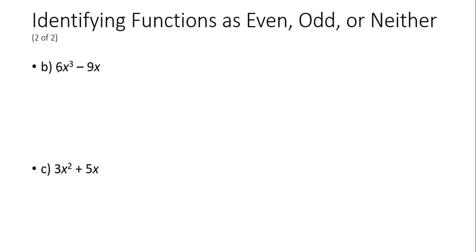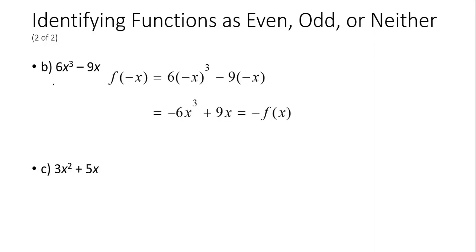Next example, we have f of x is equal to 6x to the power of 3 minus 9x. We need to evaluate f of minus x. So f of x here is given to me as 6x to the power of 3 minus 9x. To find f of minus x, I'm going to replace each x with minus x.